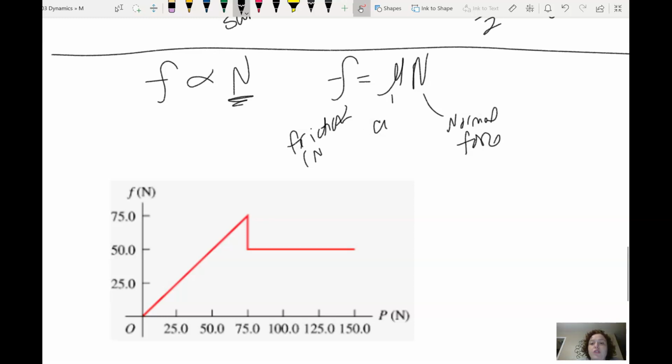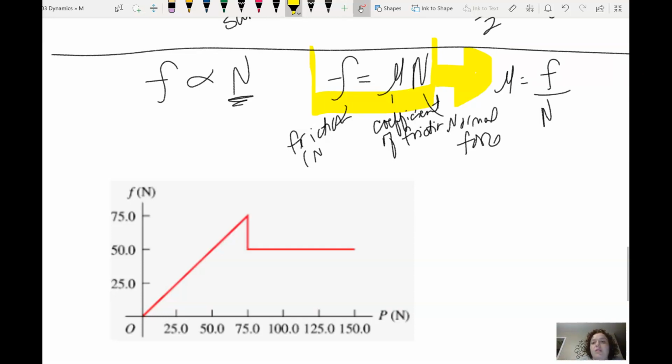And this is our coefficient of friction. There are no units for the coefficient of friction because it's basically a ratio of surfaces. It is the friction divided by the normal force. So this is our primary equation, and sometimes you'll use it like this.